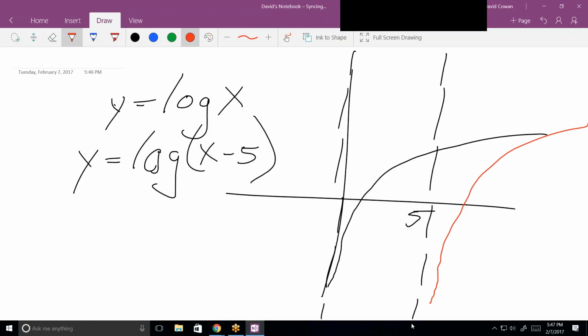Now, that's basically what we have, only we had a 4 minus that. And that 4 is a vertical shift, correct? Yeah, it moves it up 4. Which does not affect the asymptotes. So the vertical asymptote is still x equal 5.